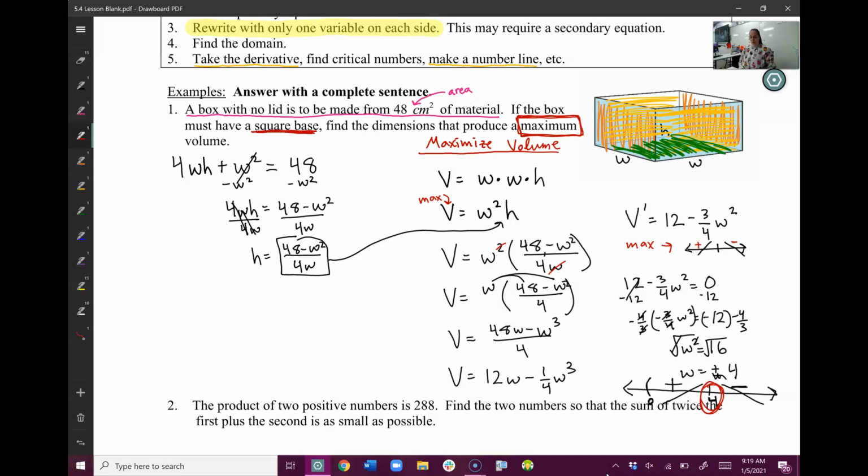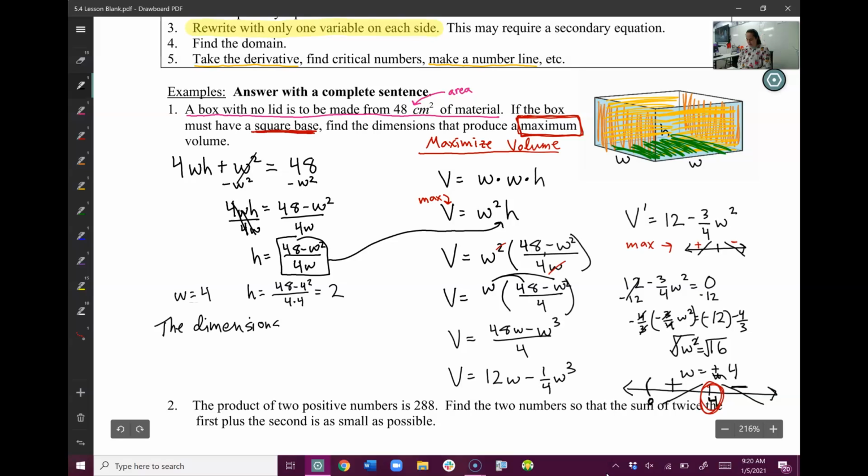So here we go. We know that the width should be 4. And now I can also find the height using this equation. So 48 minus 4 squared all over 4 times 4, which is going to be 2. So the dimensions that will produce a maximum volume, let's write this out in sentence form.